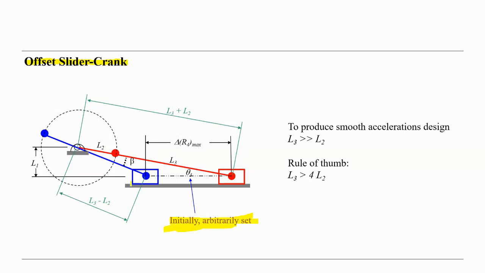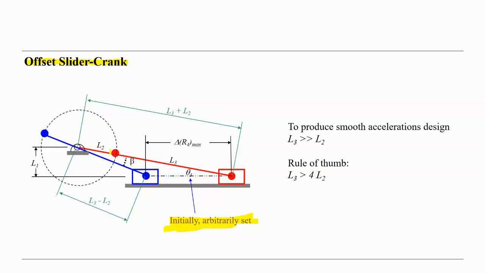So here, this is the line and L2, and now we can calculate L1, but first of all, L2. You see here, this length is L3 and L2.